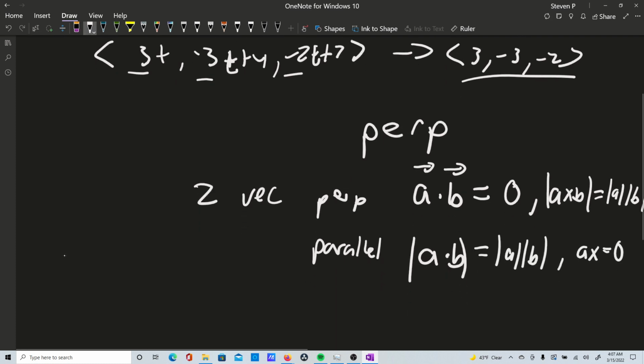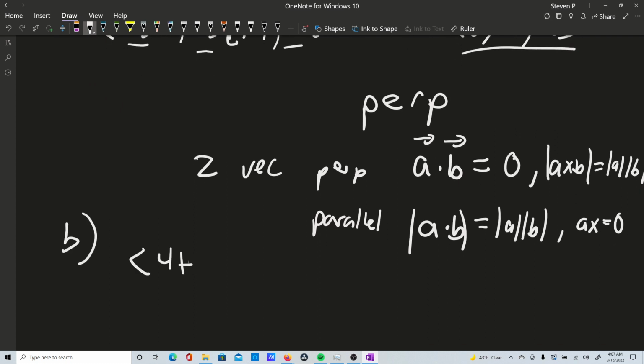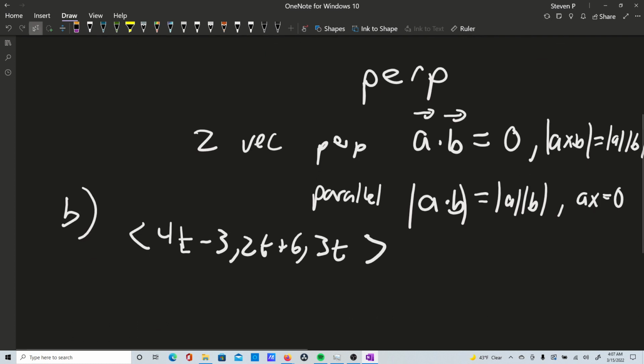So keeping this train of thought for the next part, we see that we have some function f(t) of minus 3, 2t plus 6, and 3t. And we're being asked to compare that to the plane x plus 4y minus 4z is equal to 2.